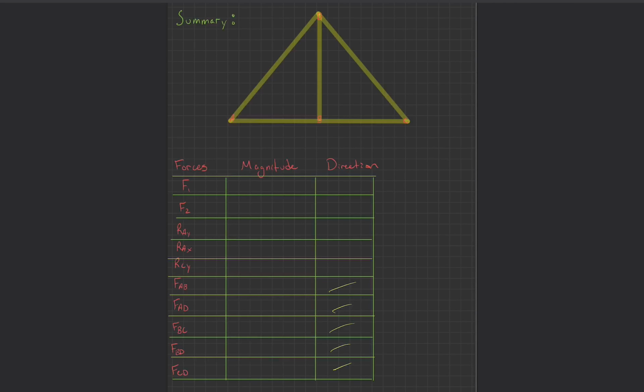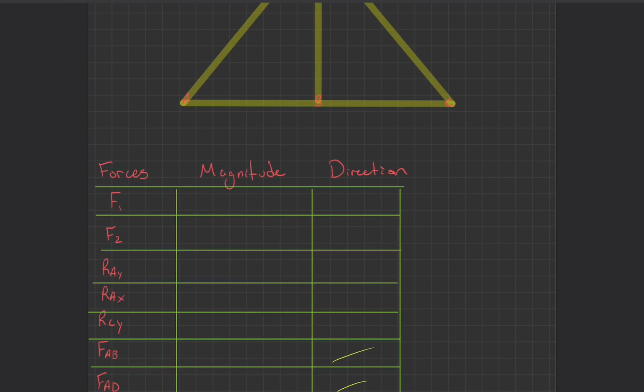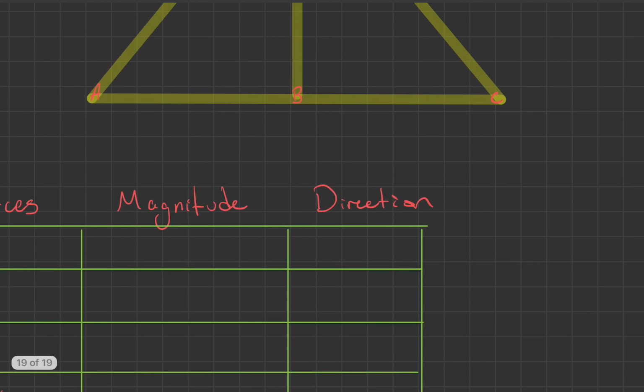I'll go through and write down a summary of everything that we've done so far, and I'll draw an updated free body diagram. Okay, so let's start with our updated free body diagram here.